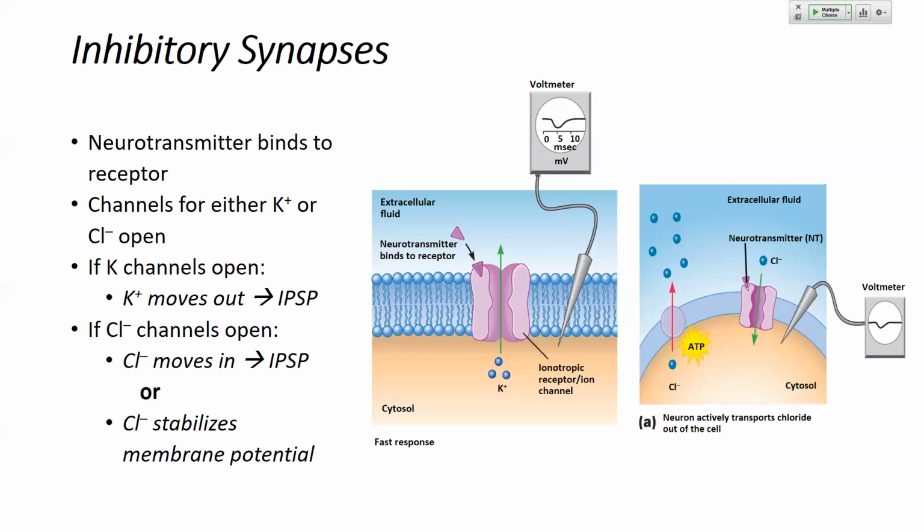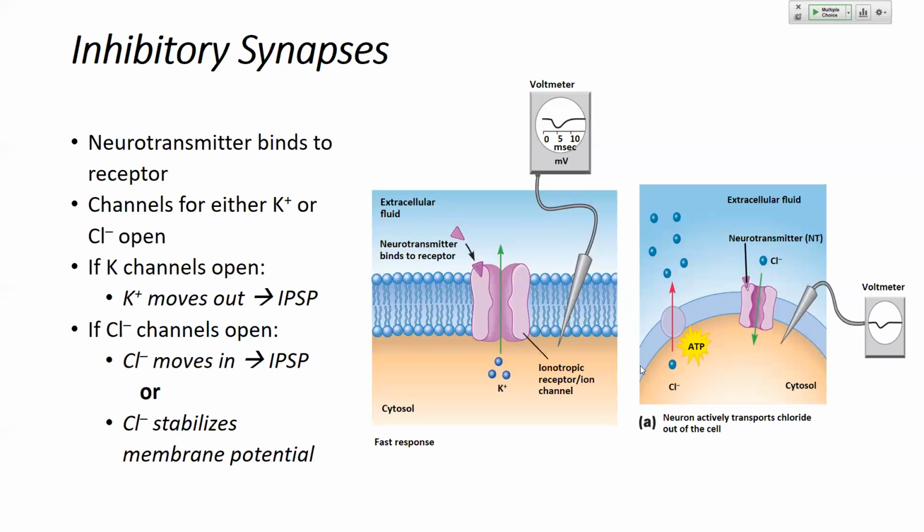Now, this is specifically when we have an active transport of chloride across the membrane. So we know that chloride channels have two different functions. We can influence chloride to move into the cell if there's actively chloride being pumped out of the cell. So I'll say that again.